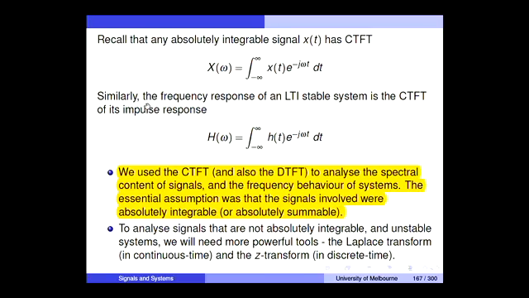introduce the Laplace transform. So you can see here, first, this is the continuous time Fourier transform. The frequency response of a linear time invariant stable system is the continuous time Fourier transform of its impulse response. So you need to find this for a linear time invariant stable system.